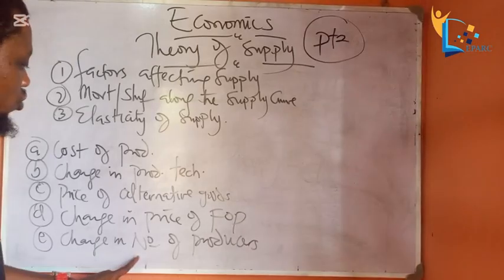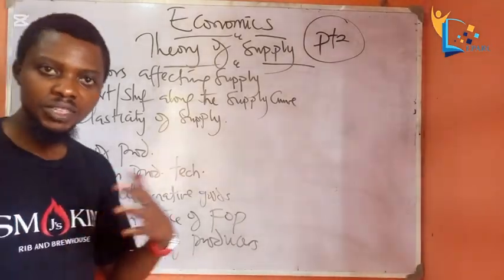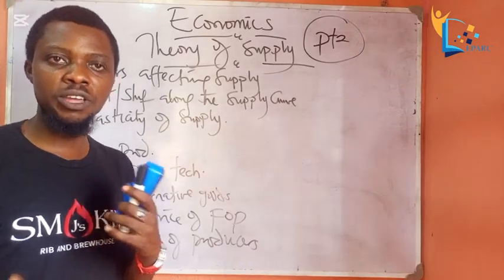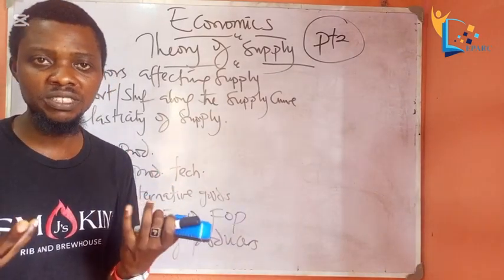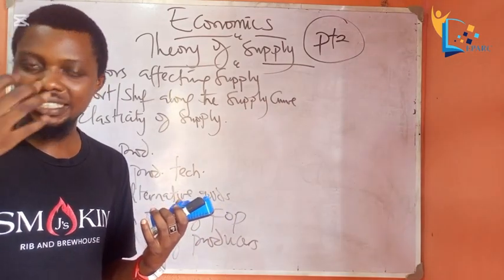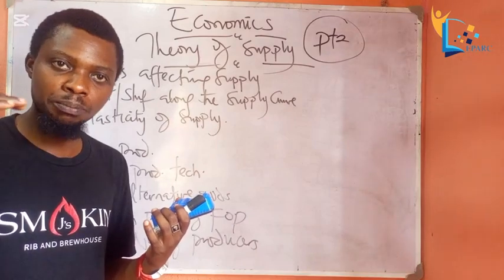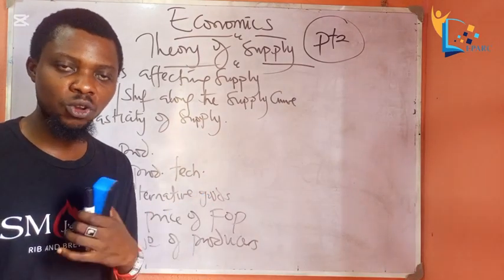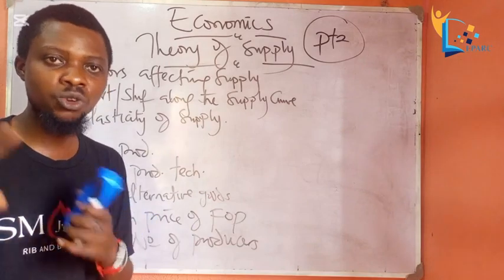Now, change in number of producers. The number of producers can be for a particular commodity or various commodities. When there is a decline in the number of producers or suppliers of a particular commodity to the market, it's going to affect supply.